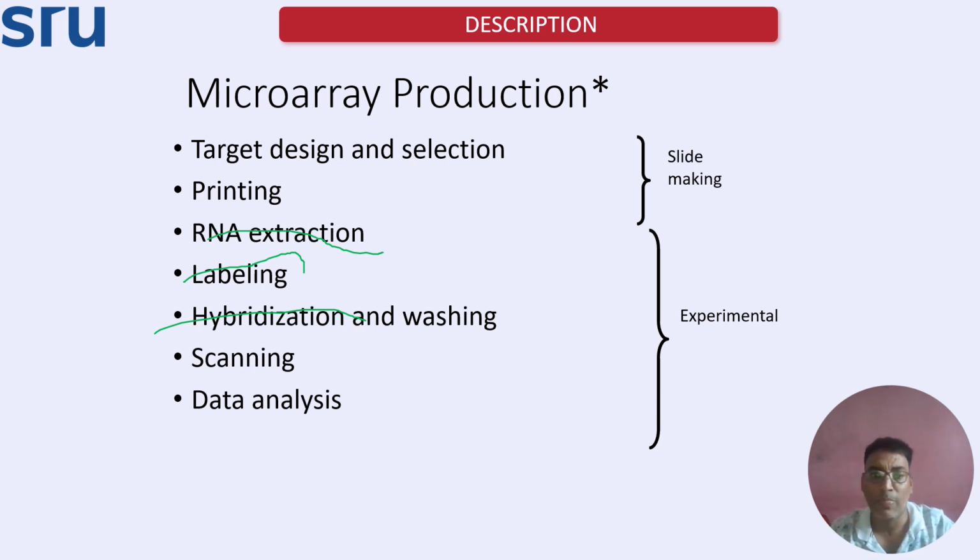Once I take the RNA extract, convert it to cDNA and allow it to bind here, there will be binding exactly. But any unbound part can be removed, because hybridization means binding of the labeled target gene with the sample gene. Then the scanning, and then the analysis.